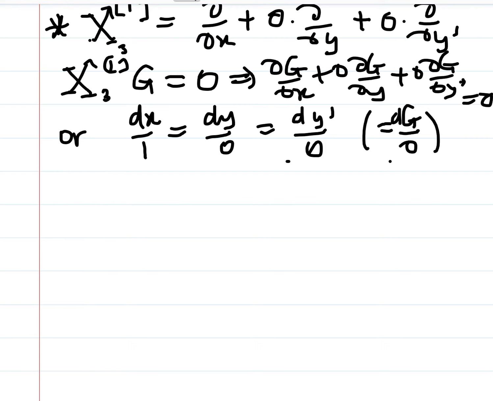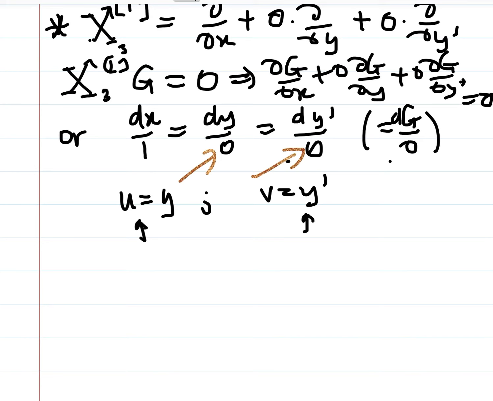Now, it's very convenient here that since dy is over 0 and dy dashed is over 0, the two independent invariants are rather straightforward. Right, so we have two independent invariants. So u is equal to y, that's an independent invariant, and v is equal to y dashed. This would serve as our zero order invariant. This one is first order invariant.